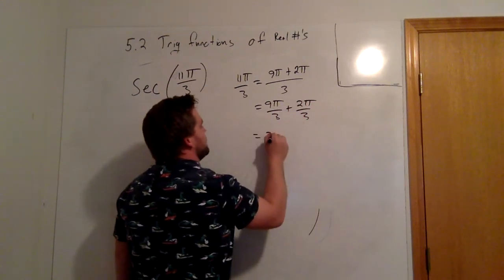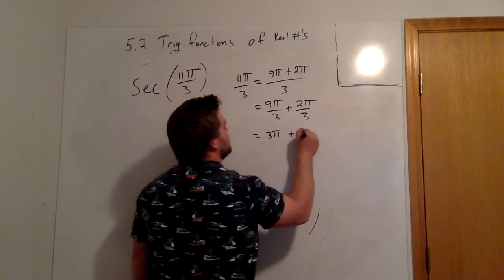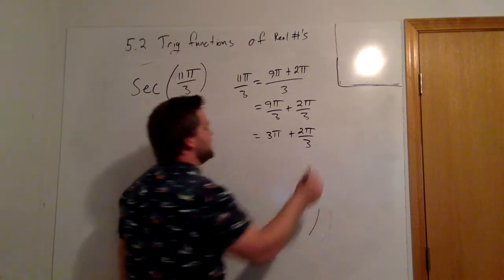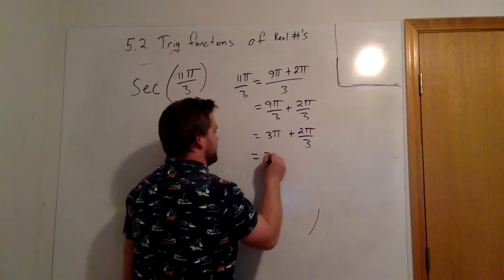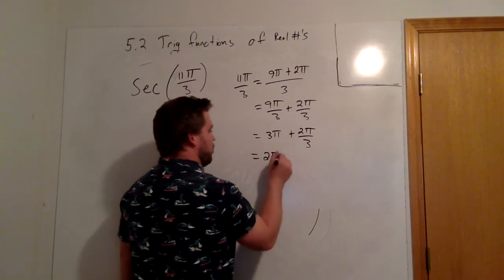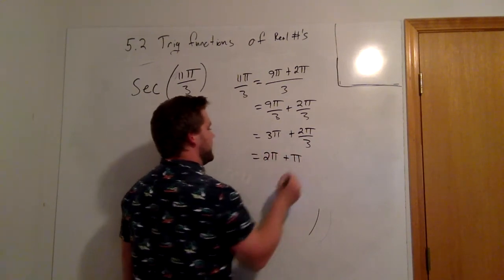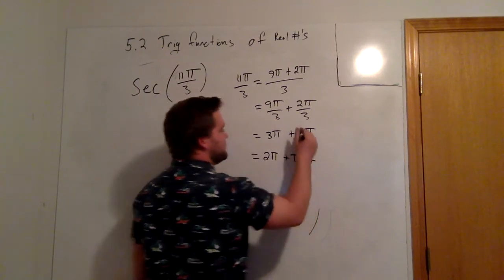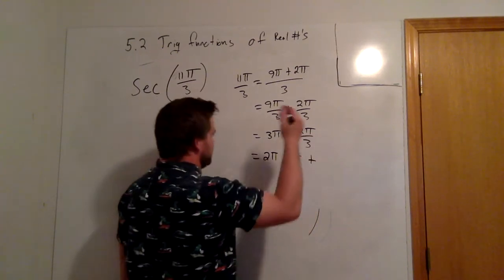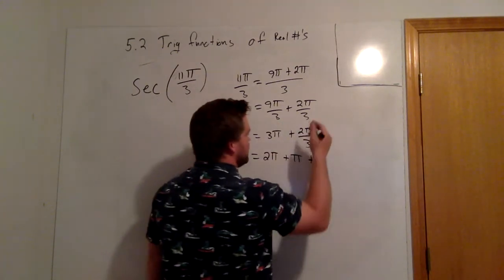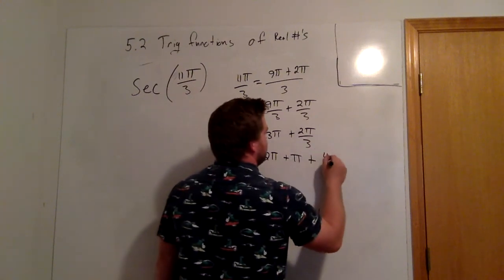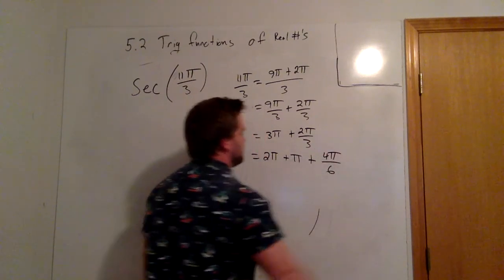This is the same thing as 3 pi plus 2 pi over 3. Or you could think of this as I've traveled around the circle one whole time plus an extra half plus 2 pi over 3. If we want to move in increments of pi over 6, how about we write that as multiplying by 2 over 2, 4 pi over 6.